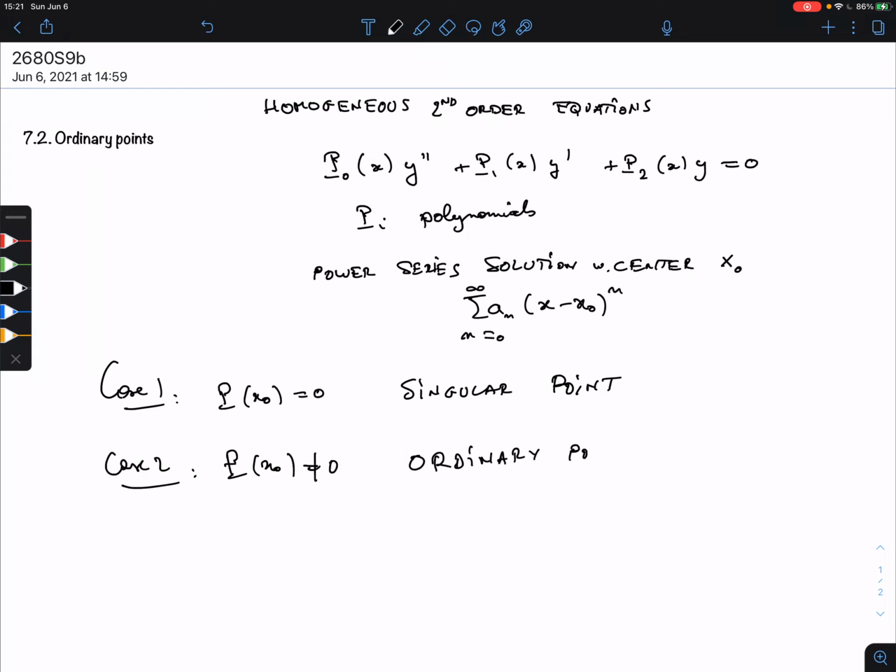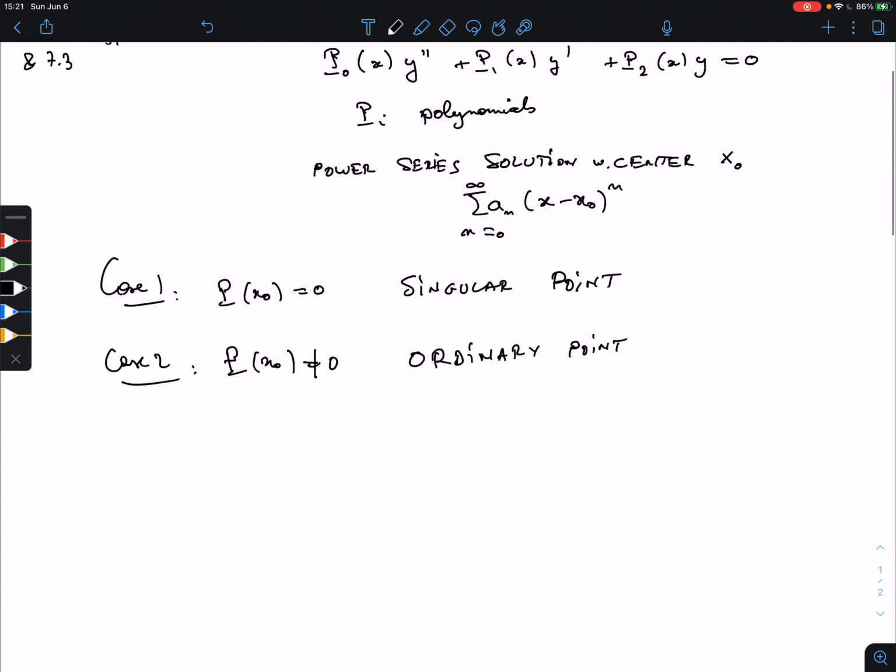And so as you see, 7.2 is about ordinary points, and in fact even 7.3, so we'll do everything together here, so perhaps I should put 7.2 and 7.3. These are ordinary points, and that's what we're going to focus on first, because singular points make life much harder.